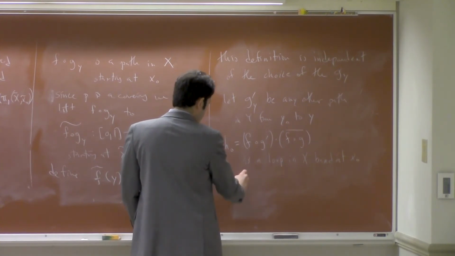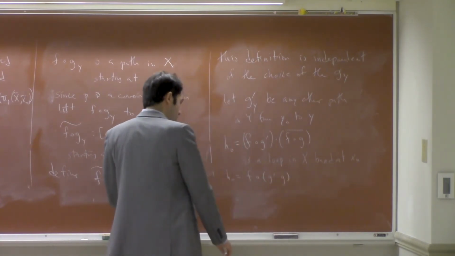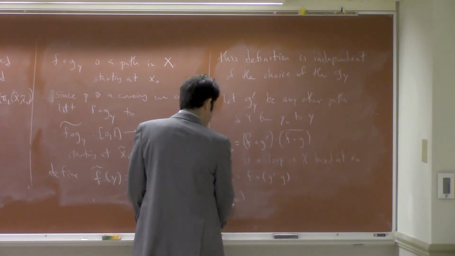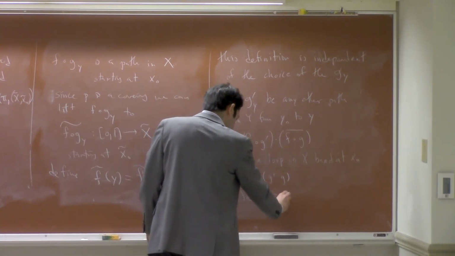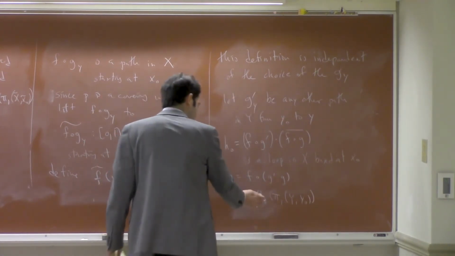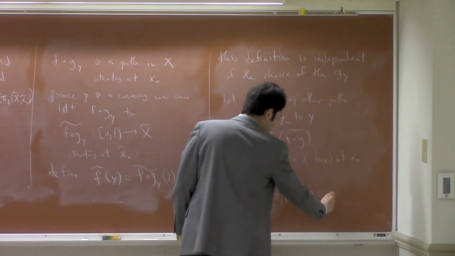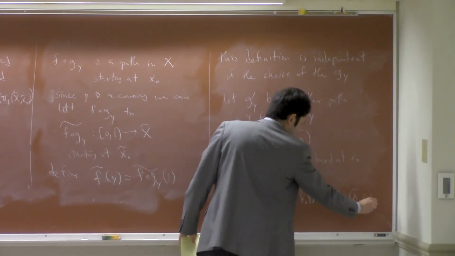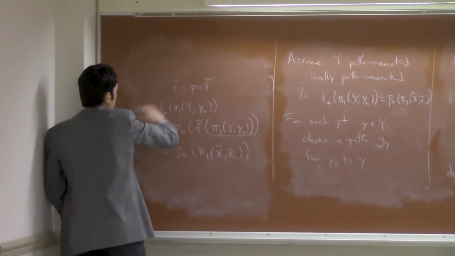But of course, h naught is equal to f composed with g prime dot g. So the homotopy class of h naught is inside the image of pi 1 of y along f star, and that sits inside the image of the fundamental group of x tilde along p star.